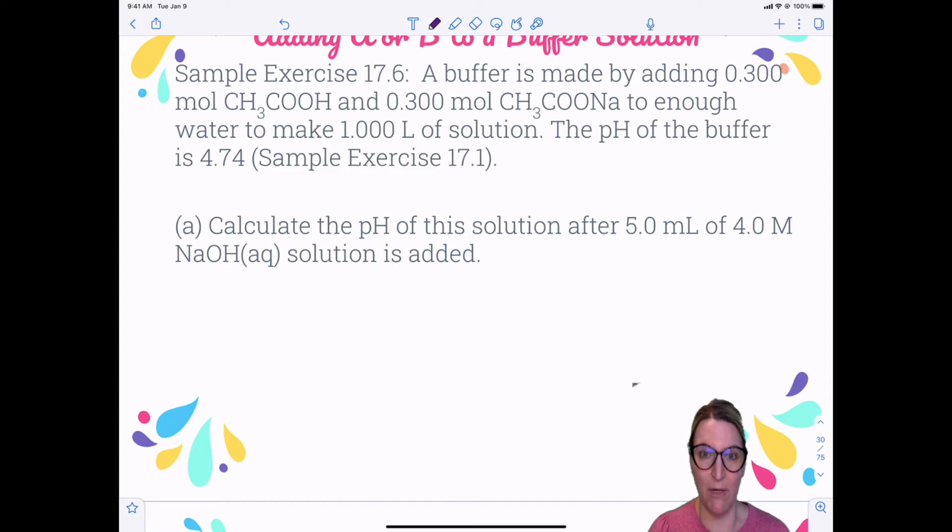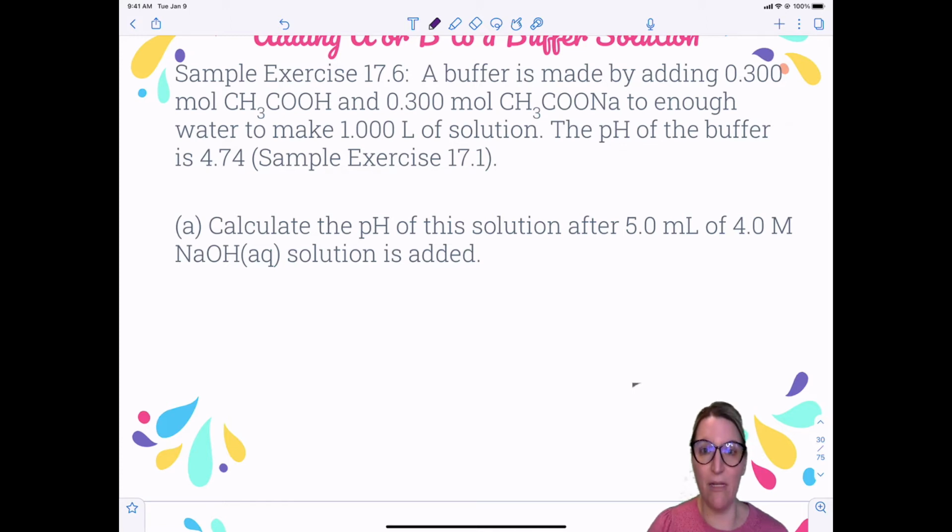So that's how I know it's going to be a molarity of 0.3, and the pH of the buffer is 4.74. That's good for us to know because it's going to help us understand how much different is that pH after I add the basic solution.